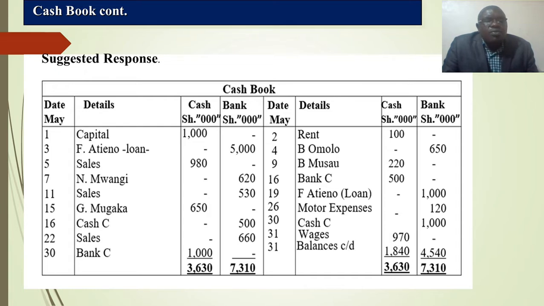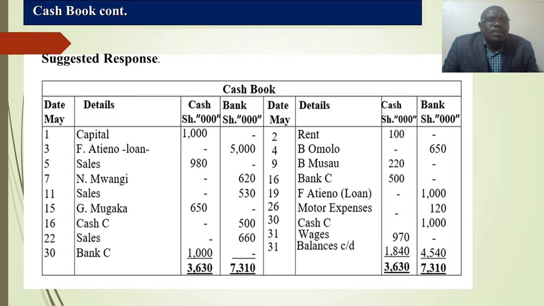So that is why if you look at the debit side of that cash book on 16th, there is bank receiving 500,000, but on 16th, on the credit side, the cash is losing the 500,000 Kenya shillings.